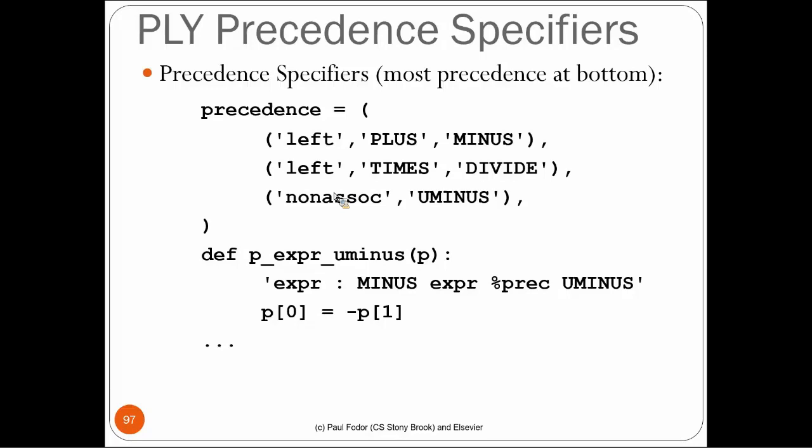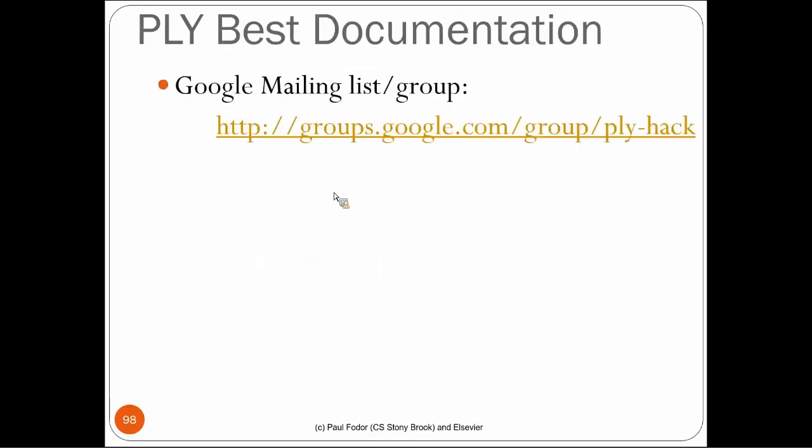We can just write that an expression is an expression plus another expression, or it could be an expression multiplied with another expression, and the precedence will actually find the most preferred or specific parsing rule or production for that expression. The best documentation is actually the mailing list, in addition to the documentation for ply.